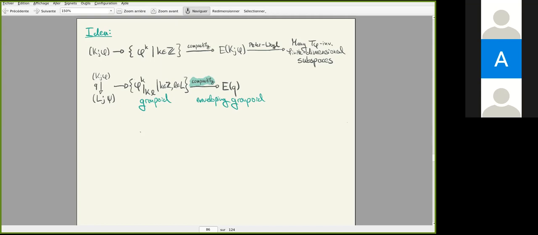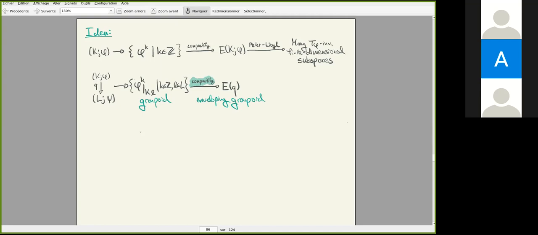And on the closed subsets of a compact space, you have natural topologies, Chabauty-Fell topology, Vietoris topology, whatever. It's all the same in this case. And then with respect to these topologies, you can have a natural notion of convergence, and you can define an enveloping groupoid.